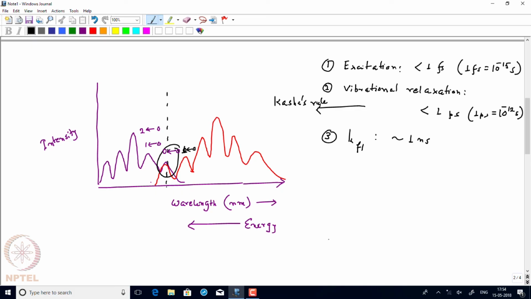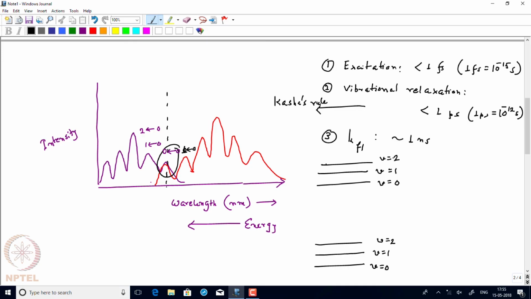Suppose I have an excited state. Let me actually draw this diagram once again. So, what I have drawn in the preceding page, now I am trying to draw once again: V equal to 0, V equal to 1, V equal to 2, V equal to 3, these were all in the excited state energy level of the S1 level, V equal to 0, V equal to 1, V equal to 2, something like that.